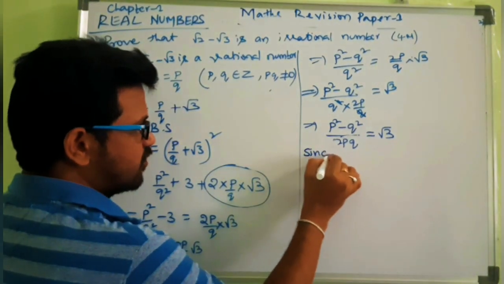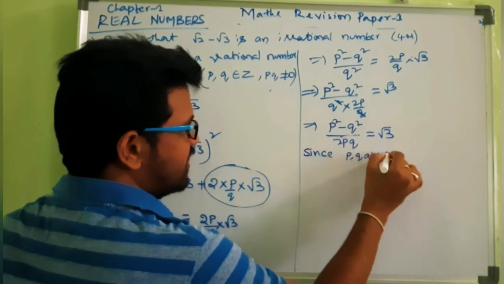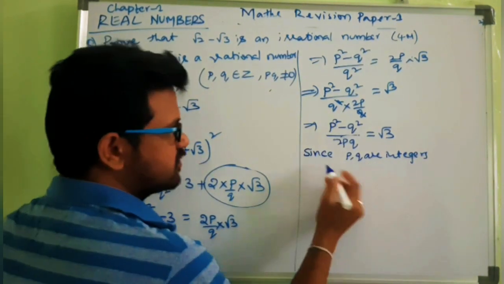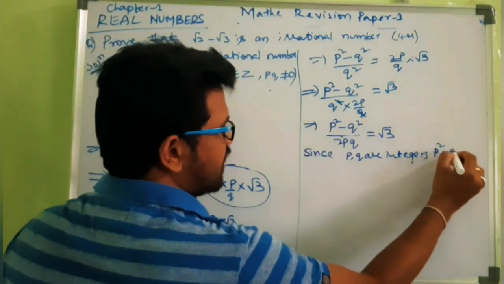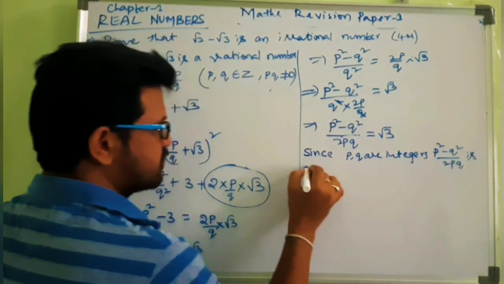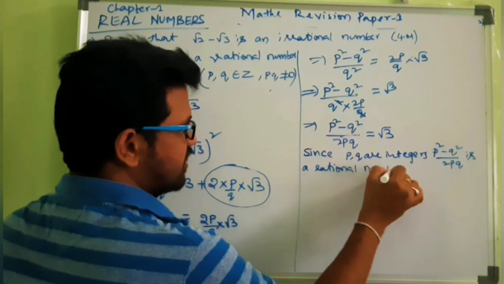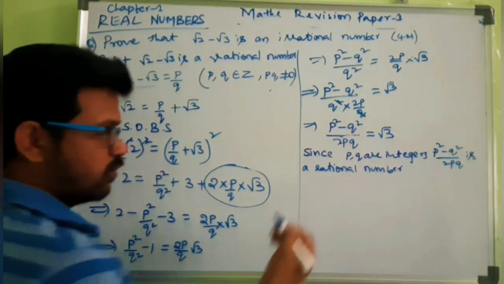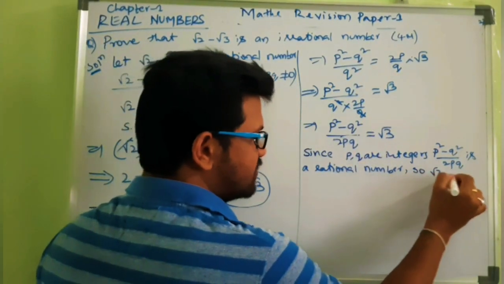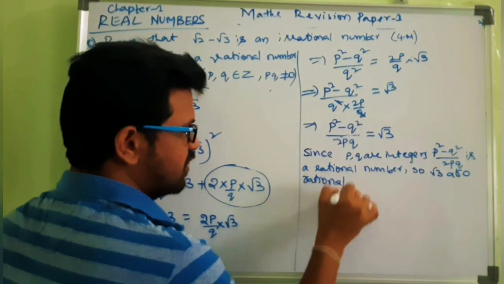Since P and Q are integers, P square minus Q square by 2PQ is a rational number. So what happens? This is rational, which means this one also must be rational. So root 3 is also rational.